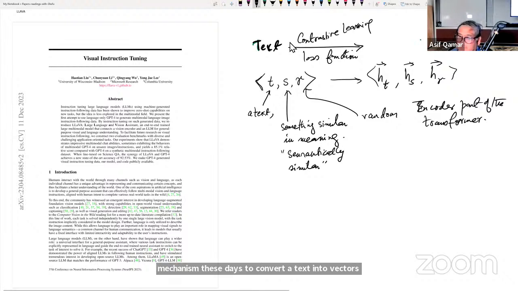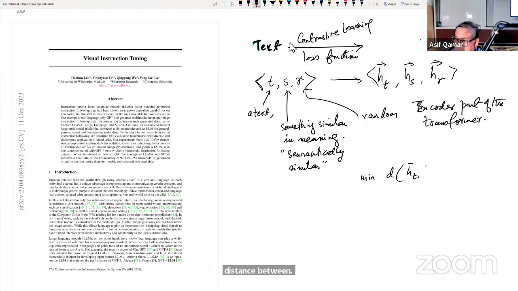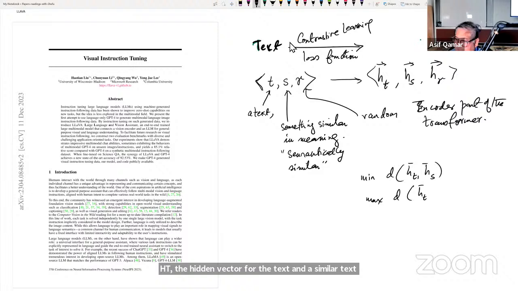Once you create the vector, contrastive learning just means you minimize the distance between HT, the hidden vector for the text, and HS, a similar text, and you maximize the distance between a text and some random text. These vectors are often called embedding vectors, or more generally, latent vectors that your encoder produces.